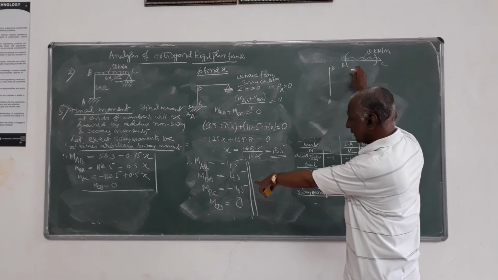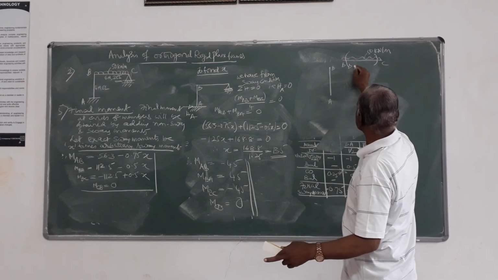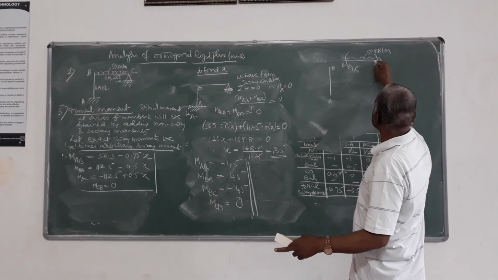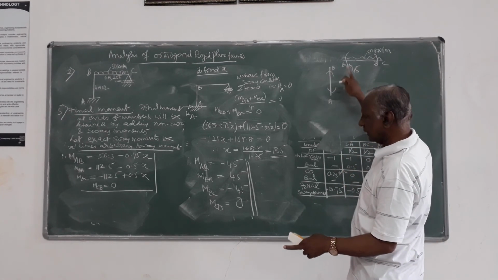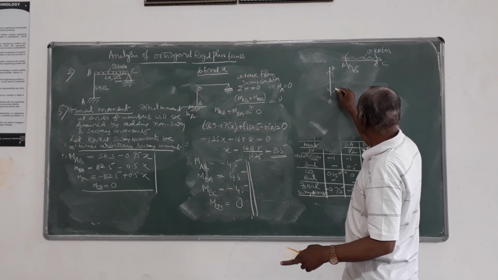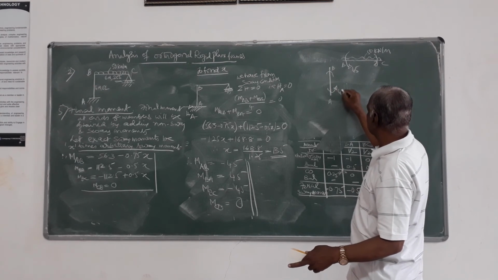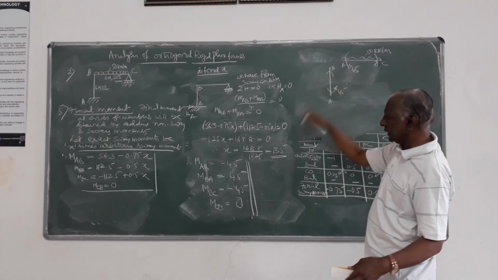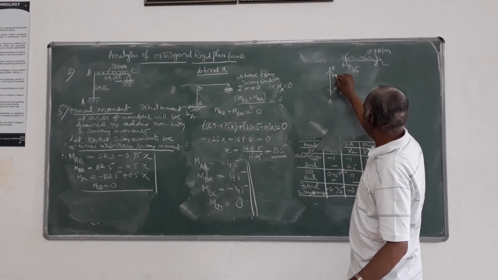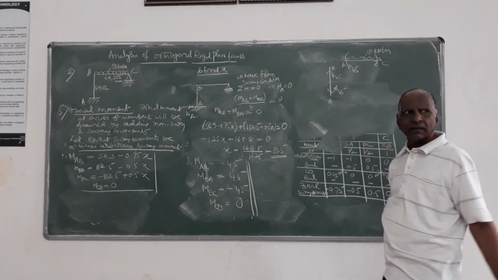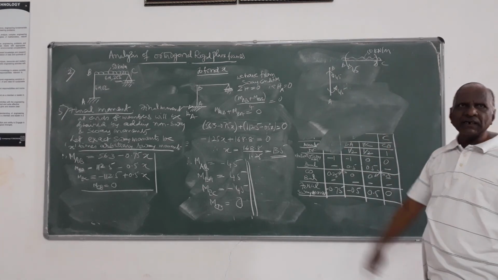MBC is minus 45. It is like this. MCB 0 and MAB is minus 45. It is like this. Minus 45. MBA 45, plus 45, it is like that. These are the moments we got.